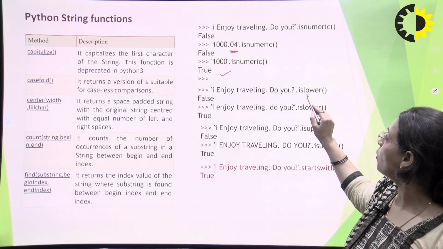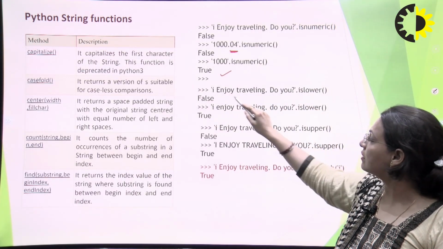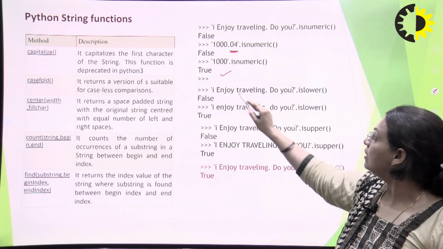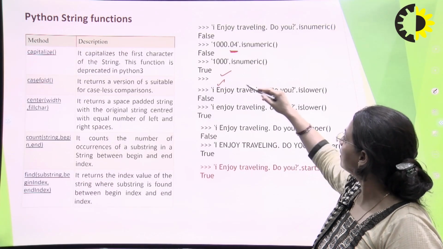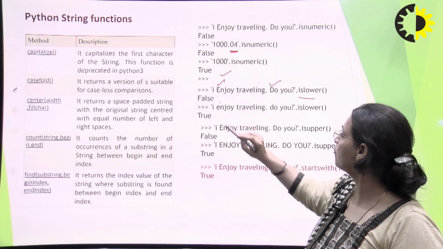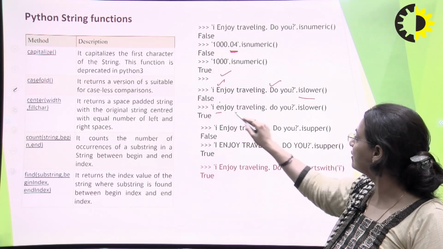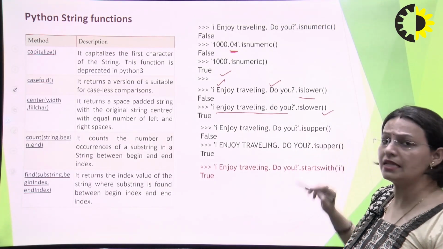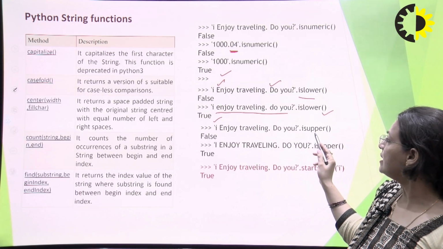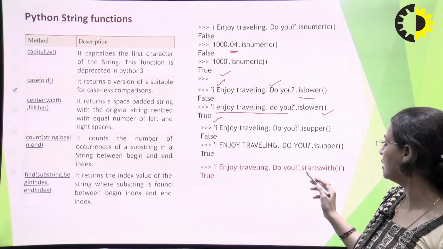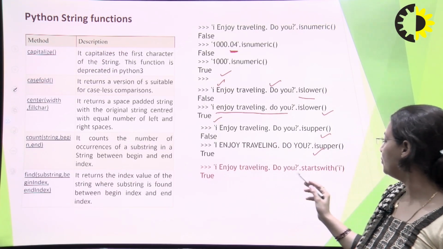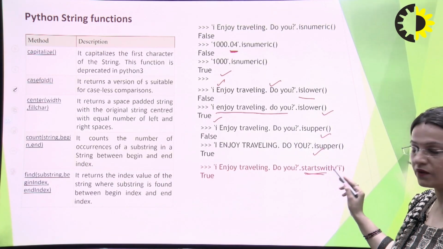Then is lower. I am just checking whether all the alphabets in it are lowercase or not. You can see that this is capital and this is also capital, so this is not lower and it will give me the answer false. Similarly, if I write it this way and check is lower, then it will give me the answer true. Then is upper, and similarly these two will happen. Then 'I enjoy traveling', starts with I?